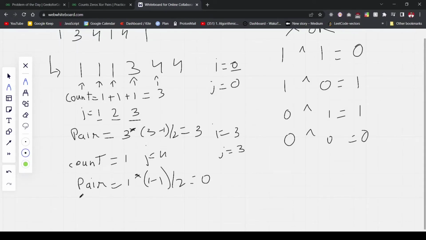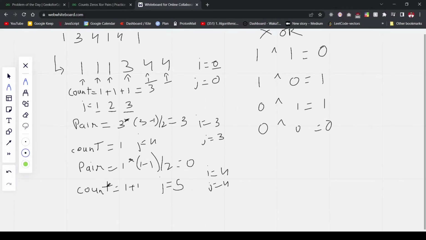Now after doing this, I'll move ahead. I'll reset my i to be at index 4, same as j, and I'll again perform the same operation. Now comparing 4 with 4 itself, I'll get the count as 1. I'll increment my j to 5, so my j would be here. Now again comparing array of j with array of i, I'll get my count to be 2 since they are both equal.